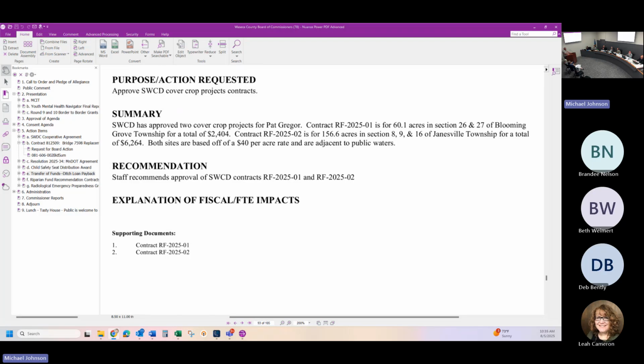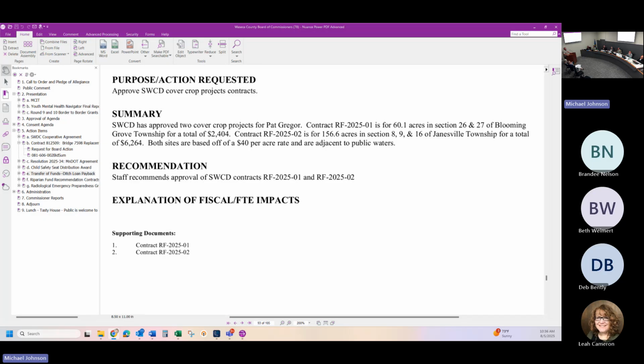So just because they go through the Soil and Water Board does not mean that they are promised or approved. It is an internal document for SWCD, just so that their staff knows what would qualify as a riparian fund project before it is brought to me to present to you.